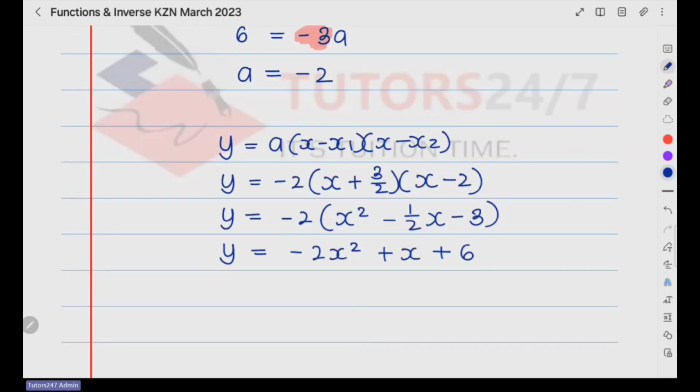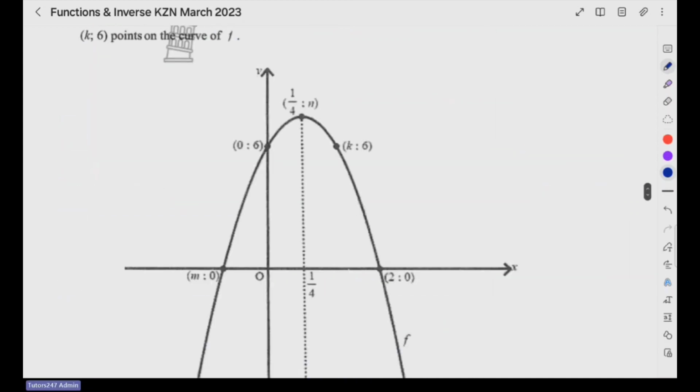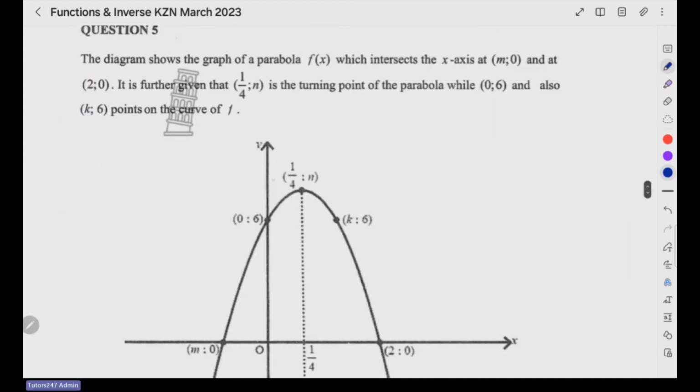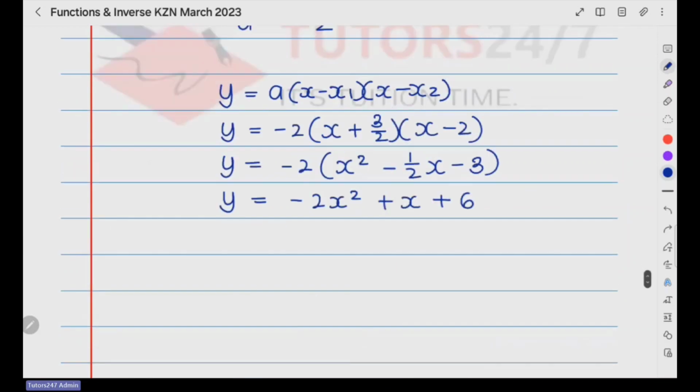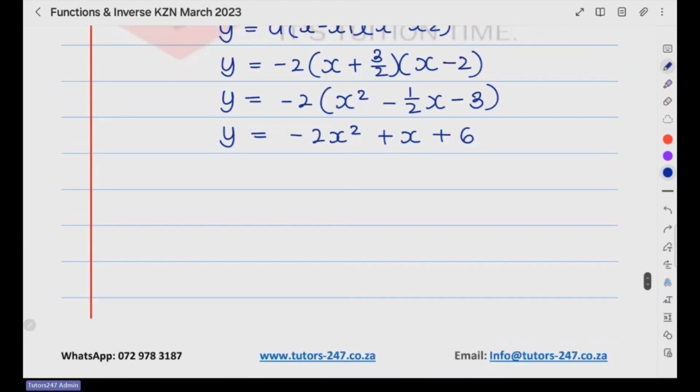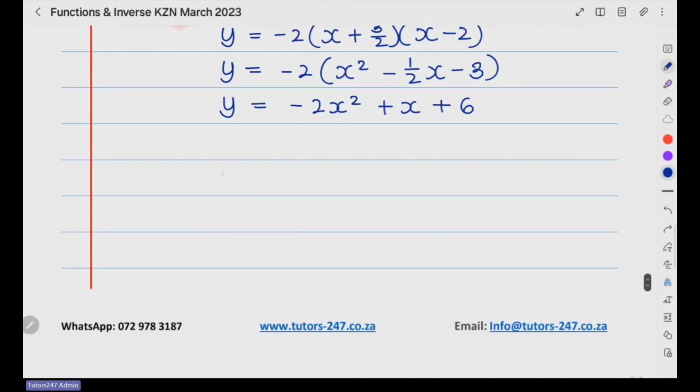Now that we found the equation of our parabolic function, we can go back to our graph. We know that our x value of our turning point is 1 over 4. So we can substitute 1 over 4 into this equation and find the y value. So keep in mind this function was f of x.